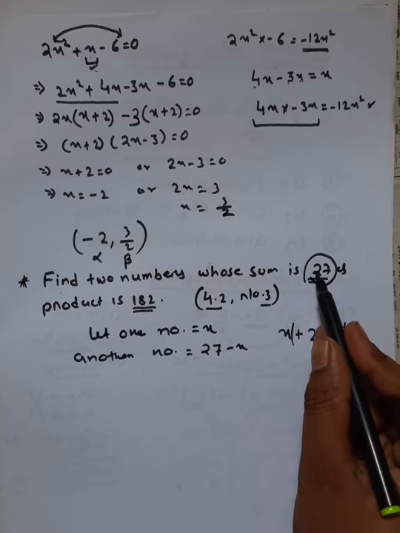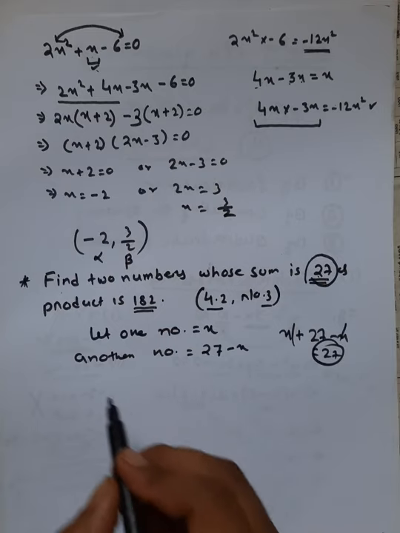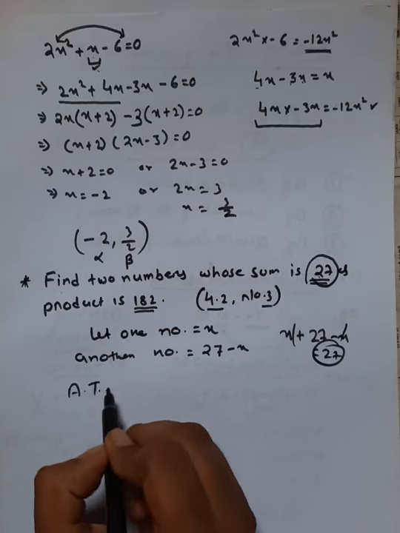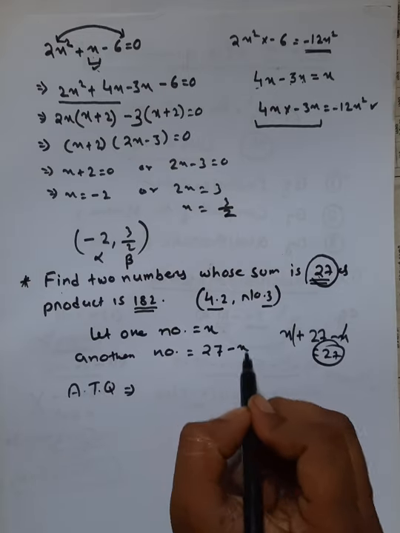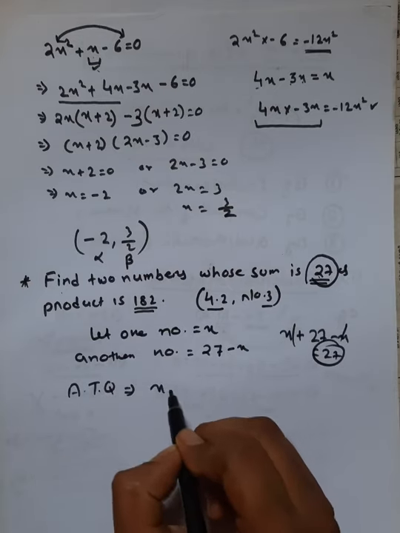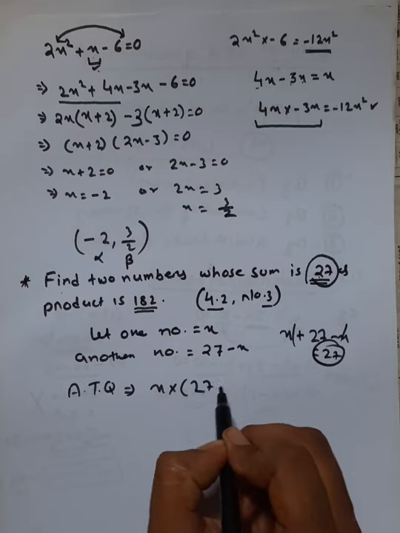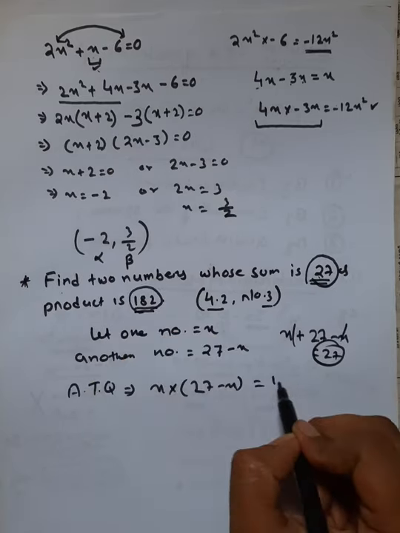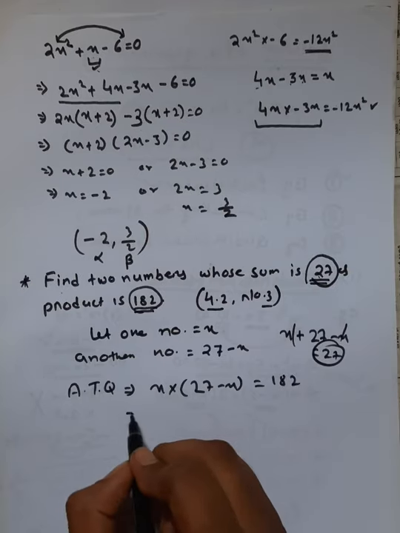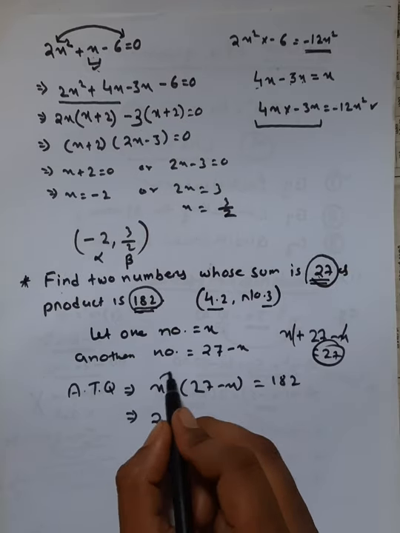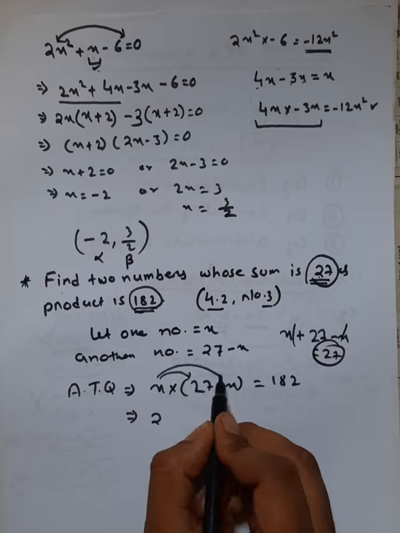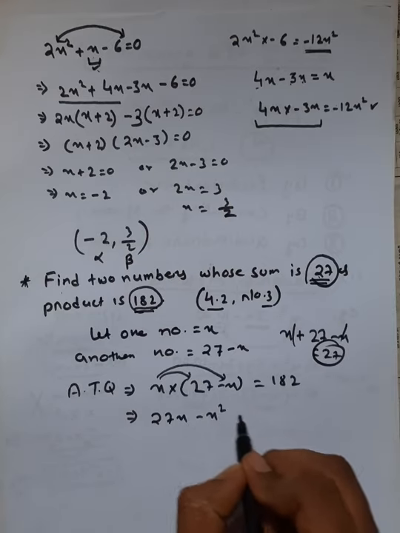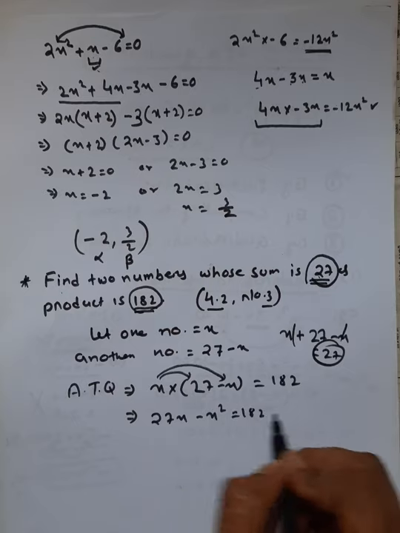So according to the question, multiplication of these two numbers, x into 27 minus x, this is 182. Okay, now this is multiplied with 27 and with x, so 27x minus x square is equal to 182.